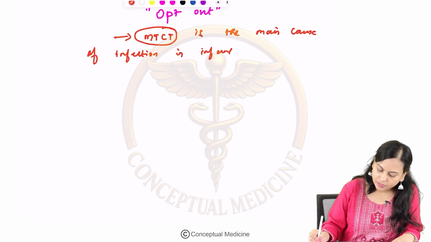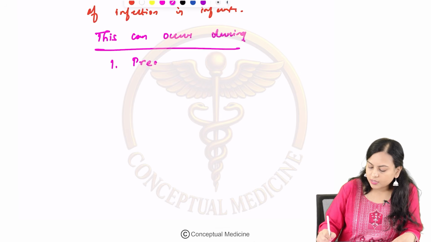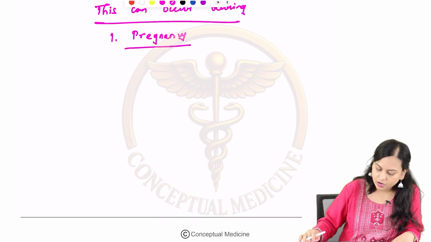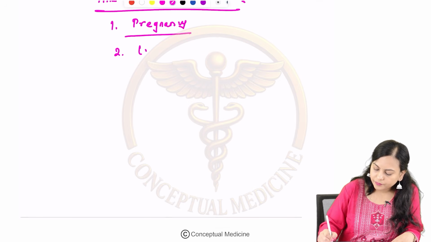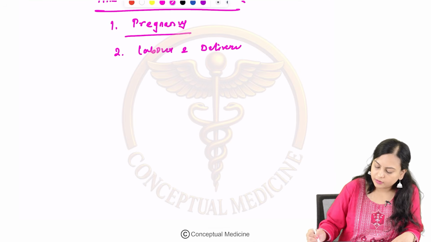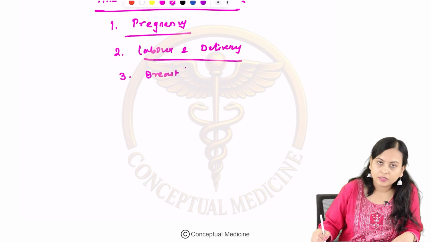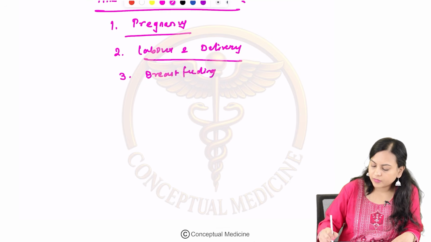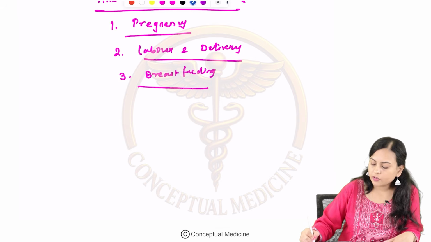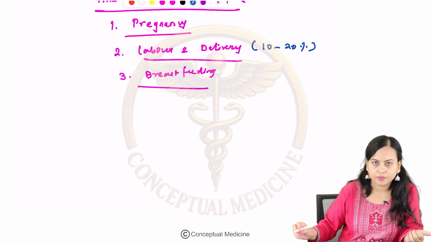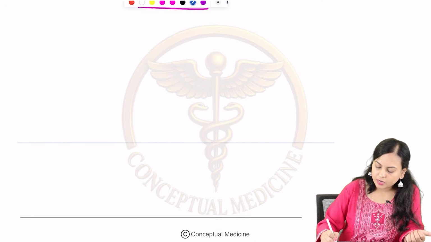Okay, and this can occur during pregnancy or labor and delivery or breastfeeding. Clear? And the risk of transmission is more during labor and delivery, which is around 10 to 20%. Clear? Yes.